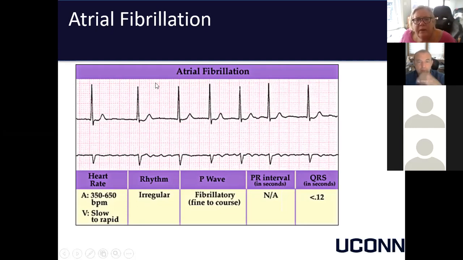We have irregular ventricular response to atrial stimulation. So our QRS regularity is not so regular. We have actually irregular QRSs. And that's classic atrial fibrillation.